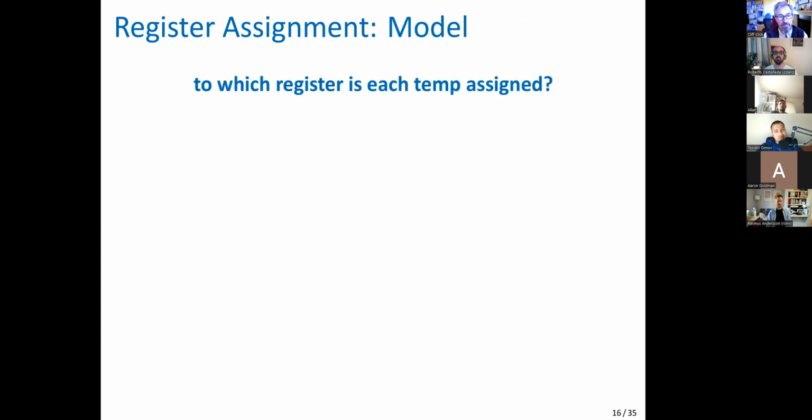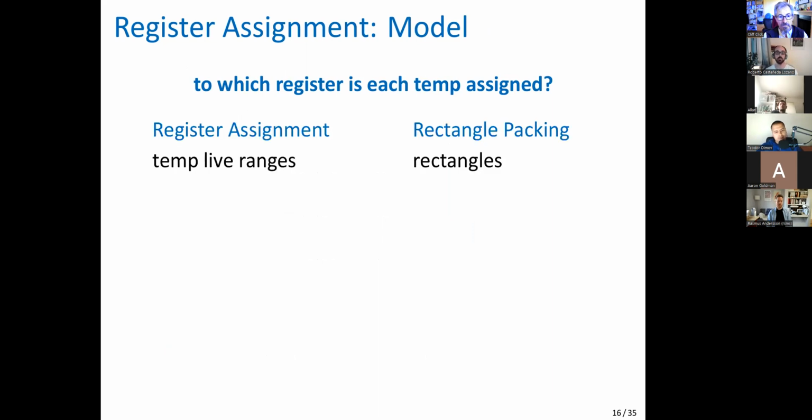Yeah. Okay. So in our model, what we do is that we define a variable for each temporary telling us to which register it is assigned, right? And then we formulate the register assignment as a rectangle packing problem. So for each temporary live range that we have in the register assignment domain, we form a rectangle in the rectangle packing domain.